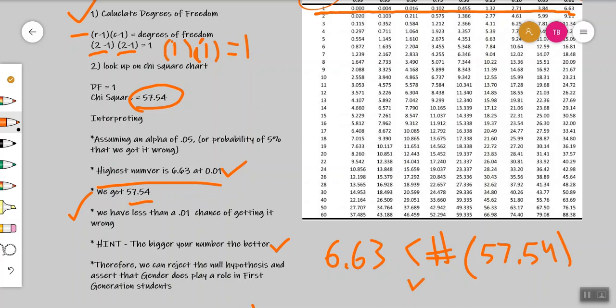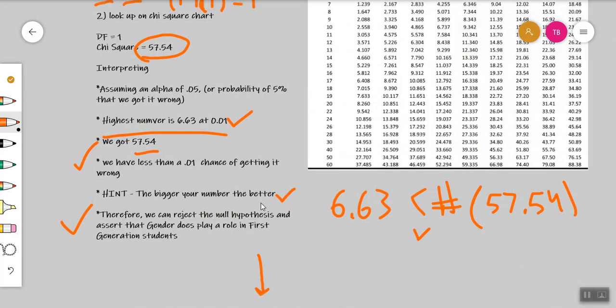So we can conclude then, we could reject the null hypothesis and assert that gender does play a role in first generation students. Because remember this is testing relationships, we could say then that there's a strong relationship between someone's gender and whether or not they're a first generation student. So we could safely reject the null hypothesis and assert that gender does play a role in first generation students. Okay, so that's the first one.